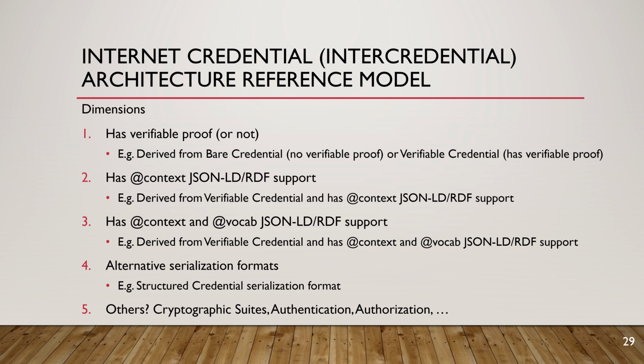If it does, that helps us categorize that particular class of internet credential. In number 3, does it have both @context and @vocab JSON-LD RDF support? In that case, that gives us another special bucket of internet credentials. And in bullet number 4, does the derived or specialized credential use an alternative serialization format like structured credentials?